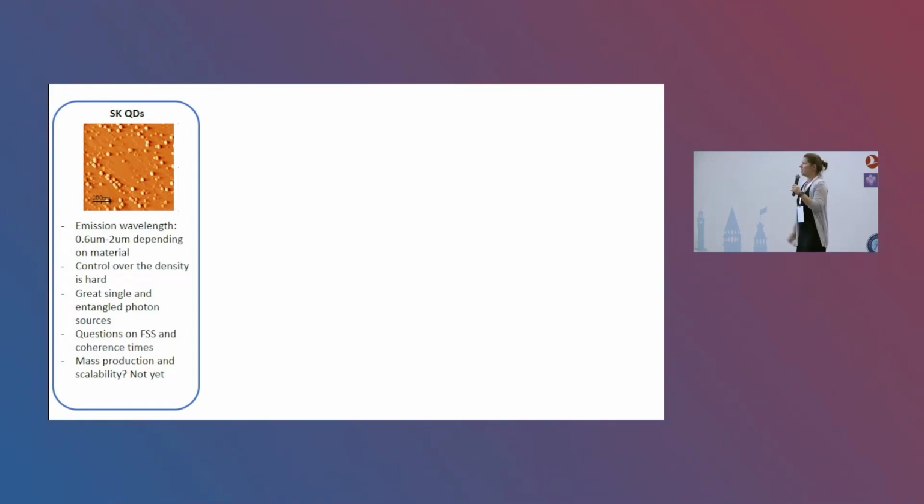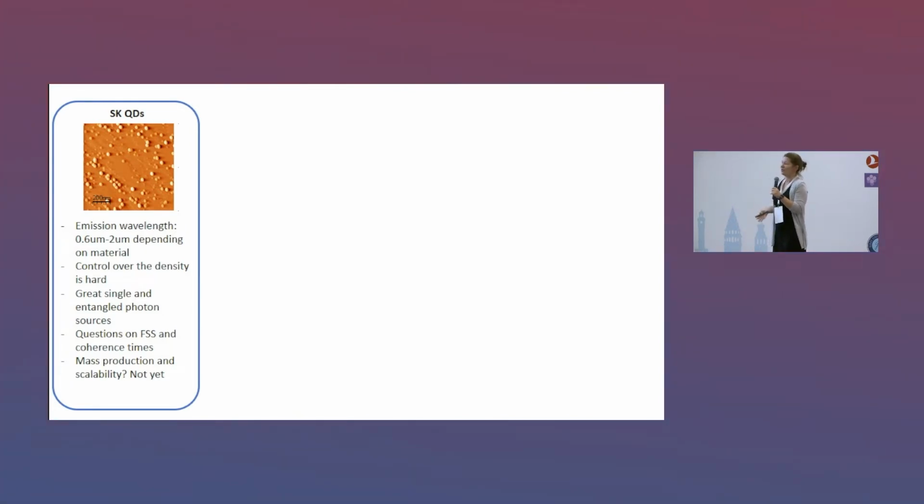Also within those 20, 30 years, we found out that we can achieve those single quantum dots at different wavelengths, starting from, let's say, 600 nanometers up to even 2 microns, which was quite attractive. Obviously, this all depends on the material that we're using, on different configurations.